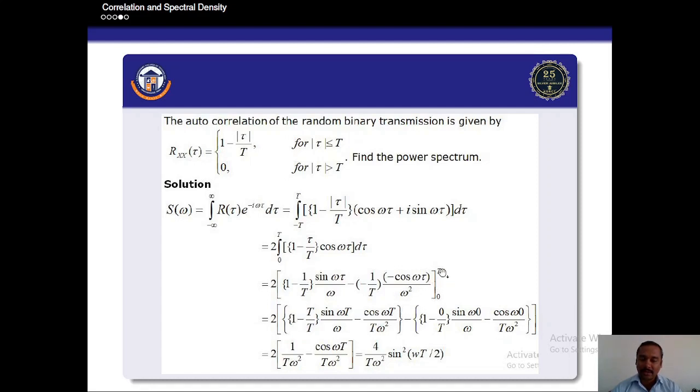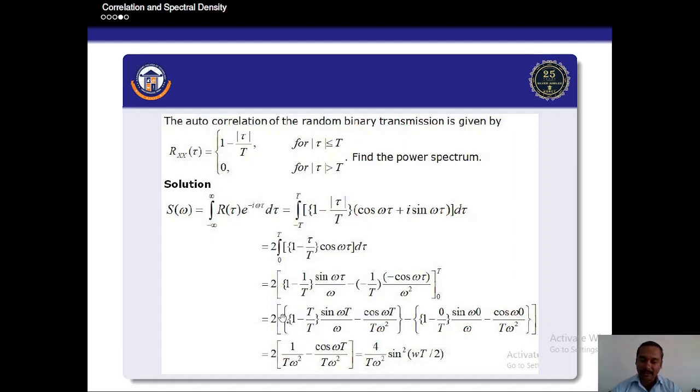First replace tau by T, so this becomes 1 minus T divided by T, sine omega T divided by omega, minus cos omega T divided by T omega square, minus the lower limit. Now replace tau by 0, so 1 minus 0 by T, sine omega 0 divided by omega, minus cos omega 0 divided by T omega square. Here the cos 0 value is 1, so minus into minus is plus, so 1 by T omega square.